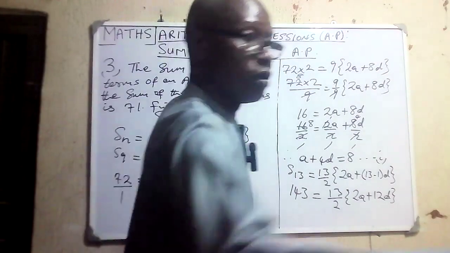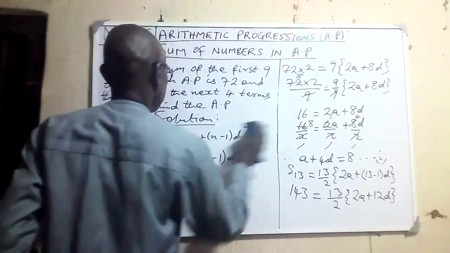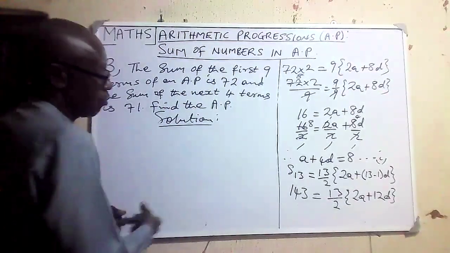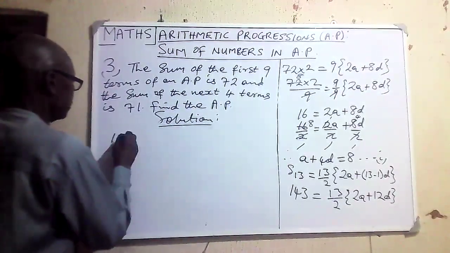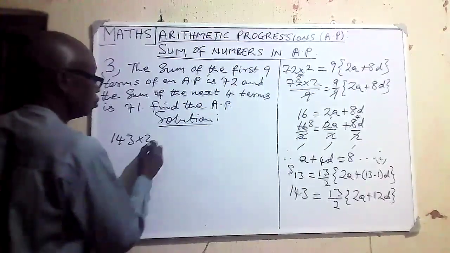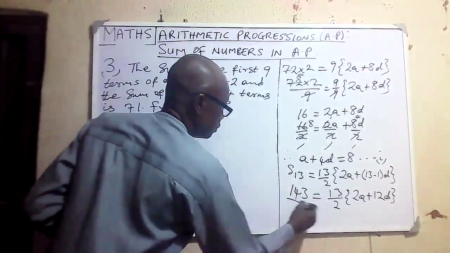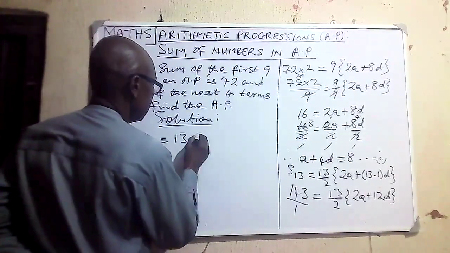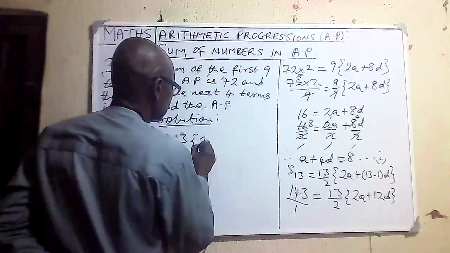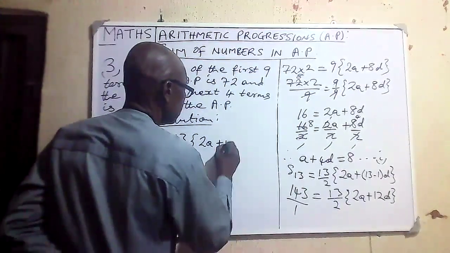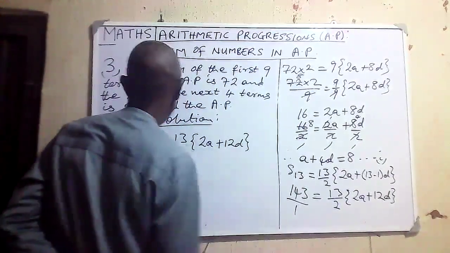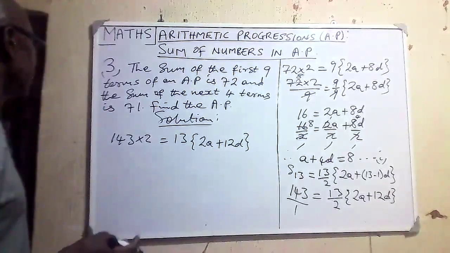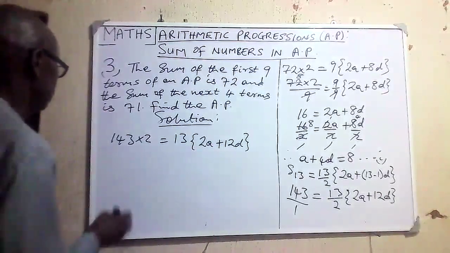Again, coming back from there, come back to this side. And then we now have 143 times 2 cross multiplying, because this is over 1, will give us 13 into 2a plus 12d. And then we discovered that we can use 13 to divide through.